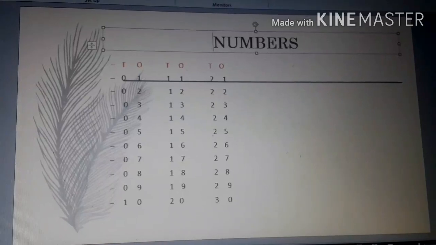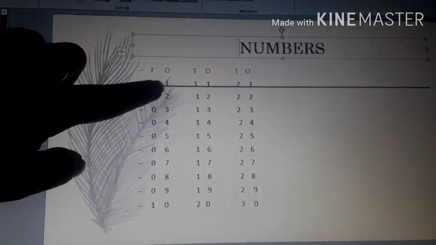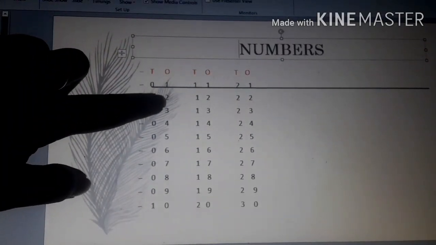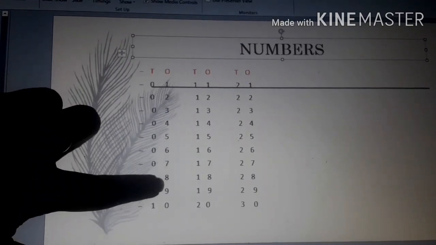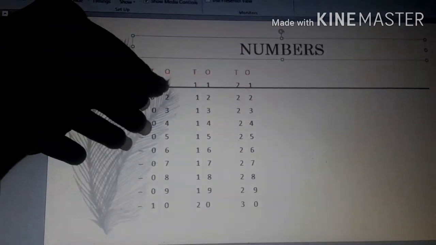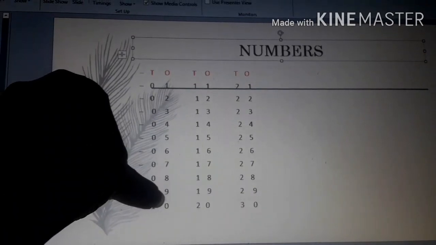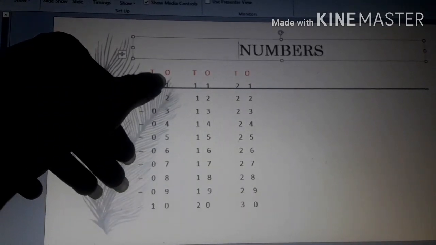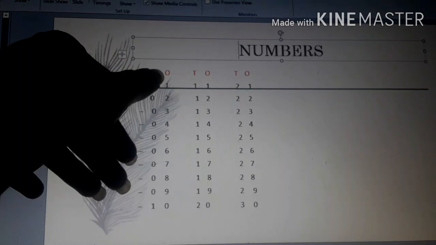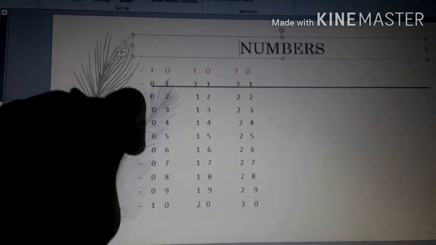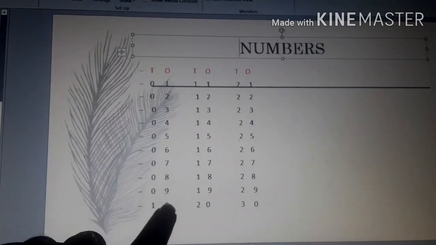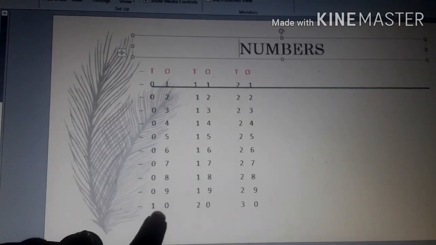So children, you can see that 1, 2, 3, 4, 5, 6, 7, 8, 9. These all are written in which place, children? Up to 9, it is written under the ones place, right? So these are all single digit numbers. But after 9, children, what comes? 10, right?